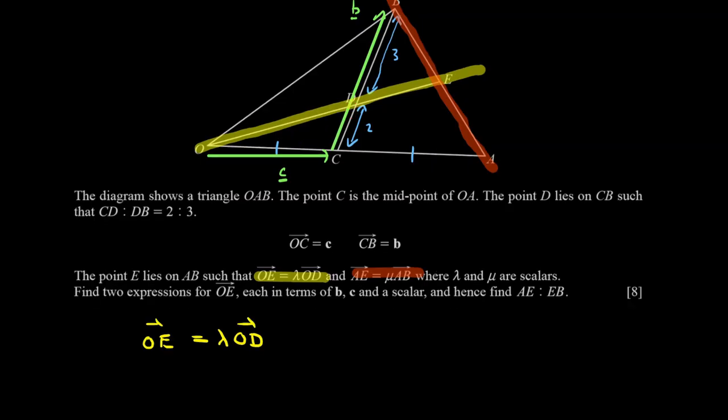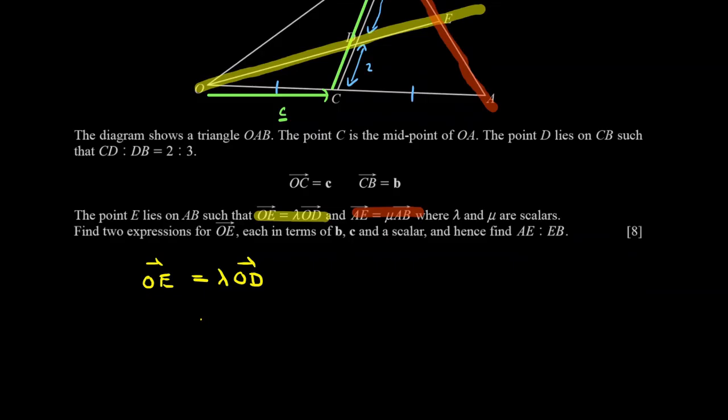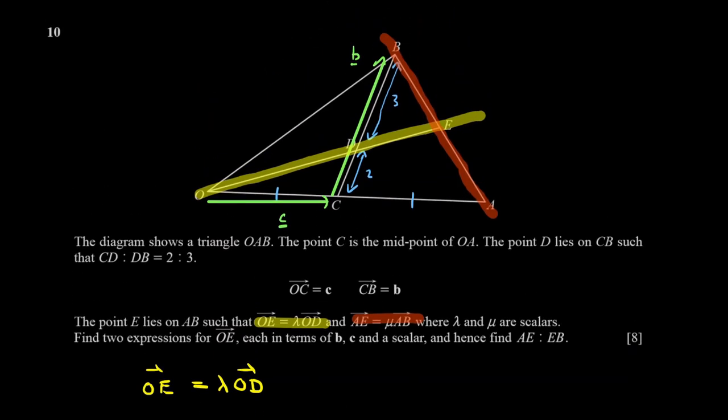We already know that the vector OC is just called C, because it's that thing there. But what about this vector C to D?